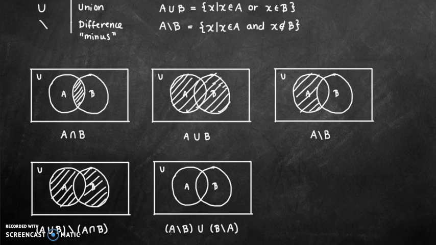Now for the other way to express it, it's the union of A minus B union B minus A. So let's think about A minus B, which we have above over here. And so it's just the left side. So we're going to take that part.